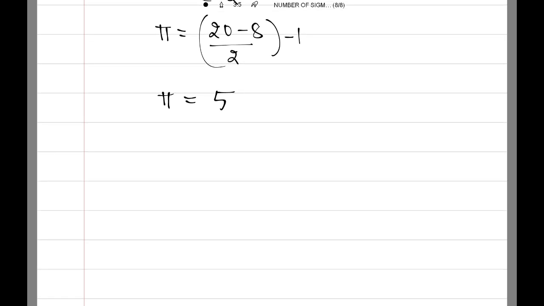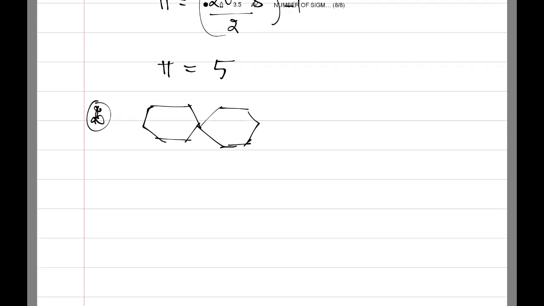Another example I am taking. Just take this structure. In this structure, how many sigma and pi bonds are present? By seeing the structure, there are no pi bonds. Now how many sigma bonds are present? Each and every carbon atom here has 2 hydrogen atoms.